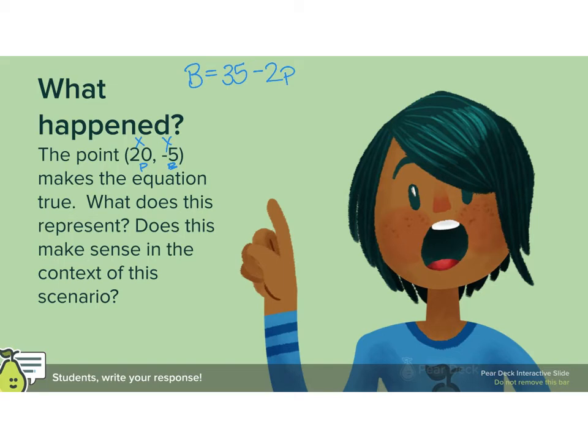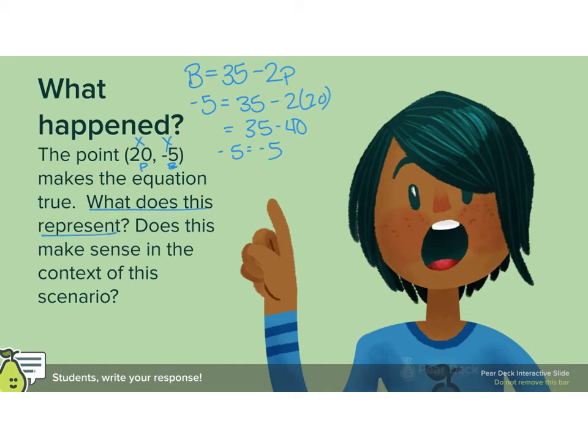Let's just make sure that's correct. So for y, if I put negative 5 equals 35 minus 2 times 20, I get 35 minus 40, which, yes, okay. Negative 5 equals negative 5. So, yes, after buying 20 lattes, I have negative $5 on my gift card.